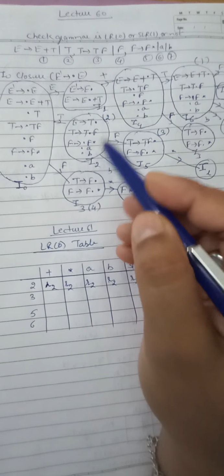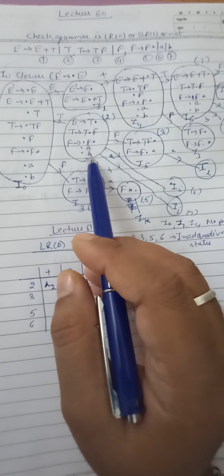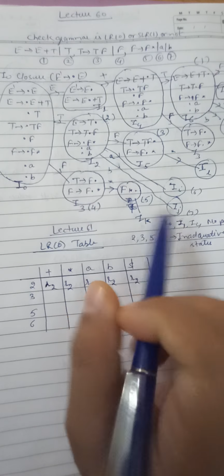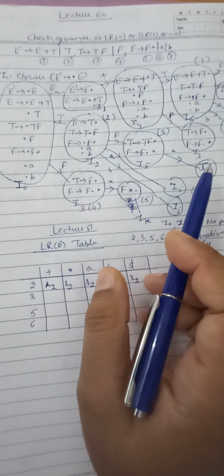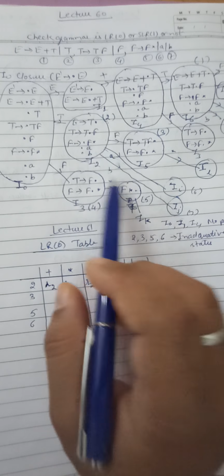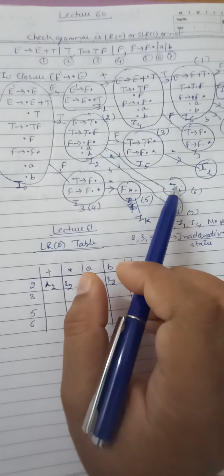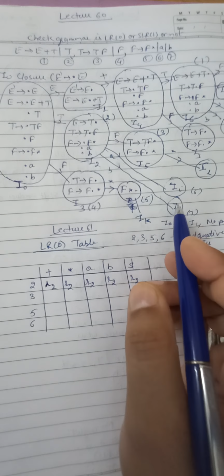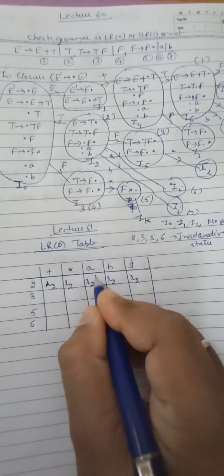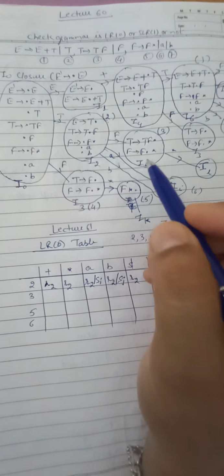Now we can also see shifting here, two shifts for A and B. So wherever we have terminals we write the shift with the state number, SI and SJ, for A and B.